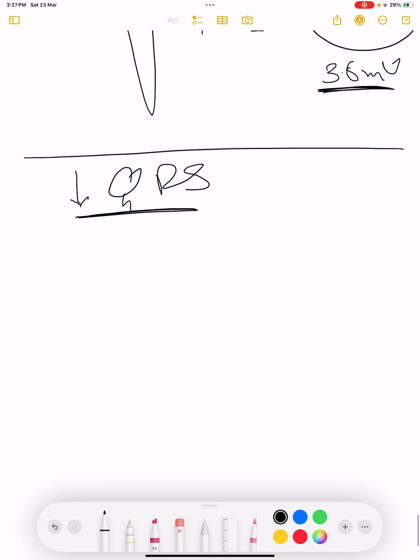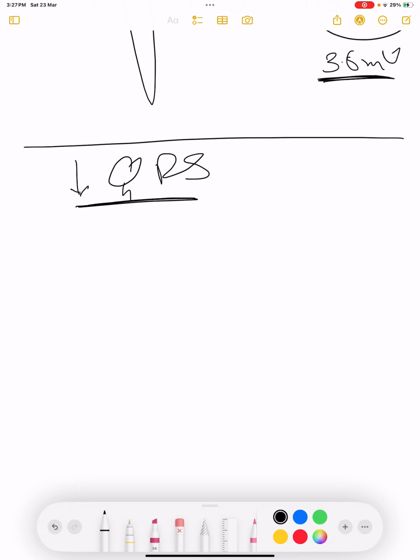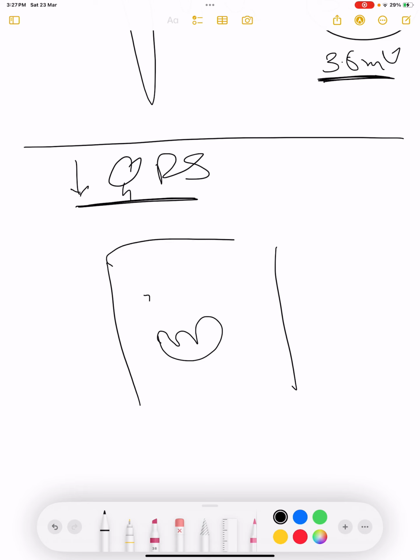In low voltage, any condition in which the conduction from the heart itself is not reaching up to the lead. For example, this is the heart and this is the body. If this is a normal condition, it will reach the body very easily and there is a normal ECG.